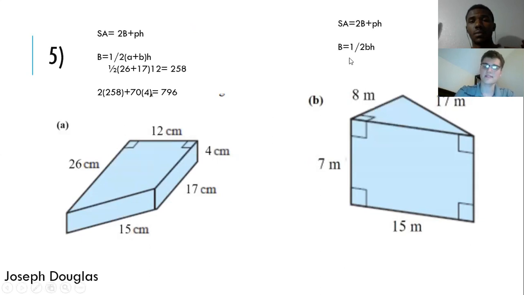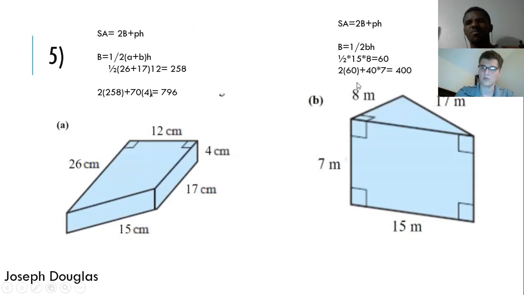Now for number B. This is very similar. The surface area is 2B plus perimeter times the height for every prism. But in this case, since the base is a triangle, we take 1/2 the base times the height. The base here is 15, and since this is a right triangle, the 8 meters is the height.